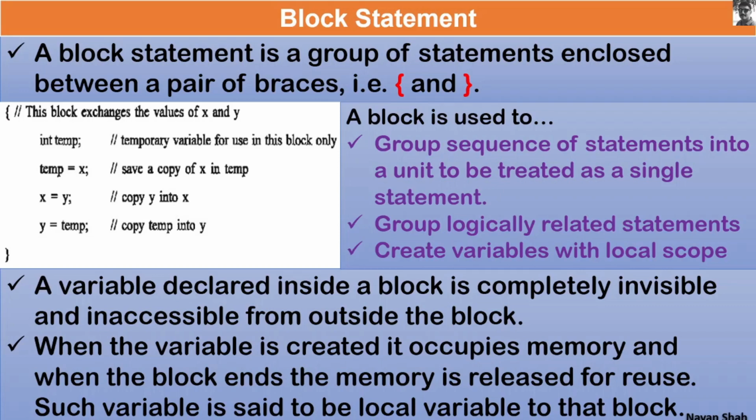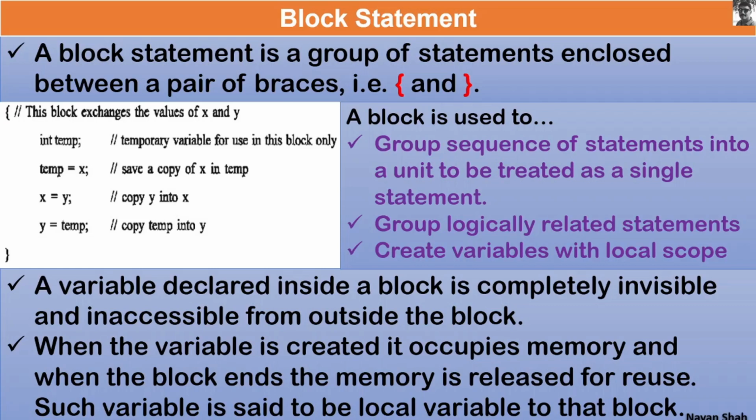A variable declared inside a block is completely invisible and inaccessible from outside the block. Remember this. If you declare any variable inside a block, for example, as you see here, int temp, the variable temp has its visibility only within this block. Once the closing curly bracket of the block is executed, outside of it the variable temp is not available.